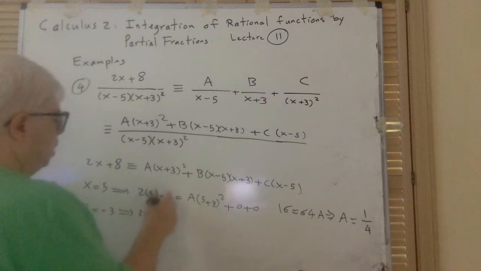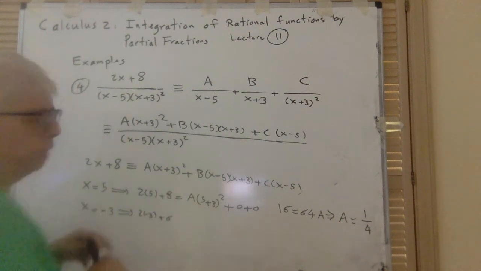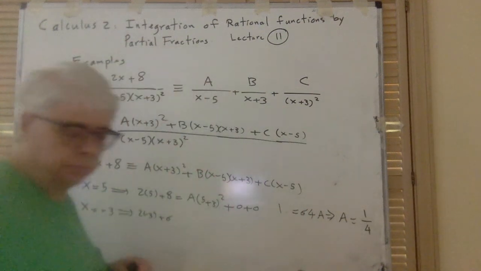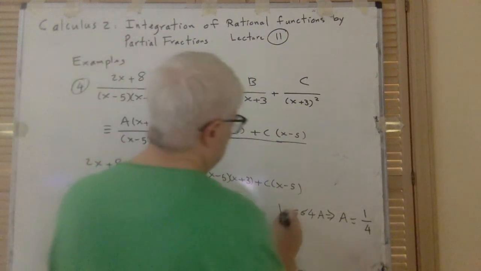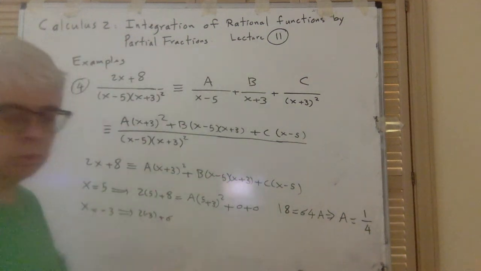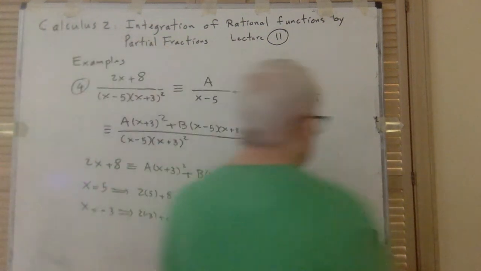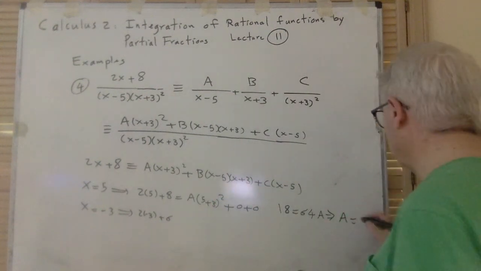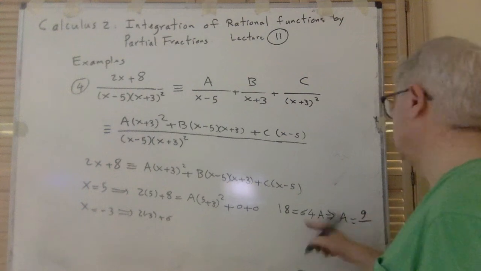So this will be 8. So I have 18 over here, not 16. And that is 18 over 64, divided by 2. I will get 9 over 32.